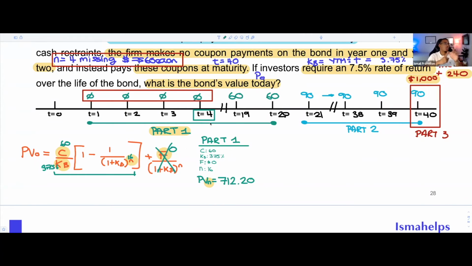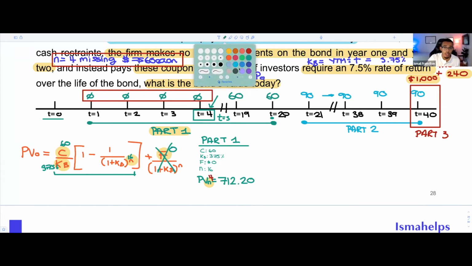We missed 4 payments, so we only start our present value timeline at the first payment that was made, and that first payment was at T5 all the way to T20. So when we get our present value, it's impossible that we get it here. We're going to get it at the period right before, at T equals 4. So we actually have our value at PV4.